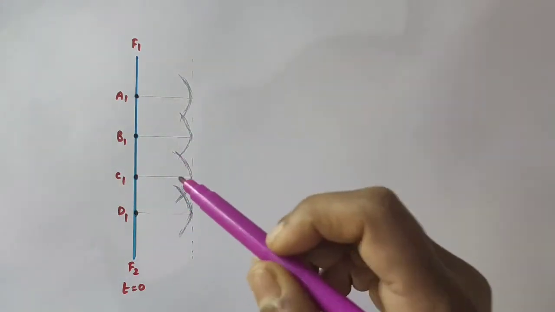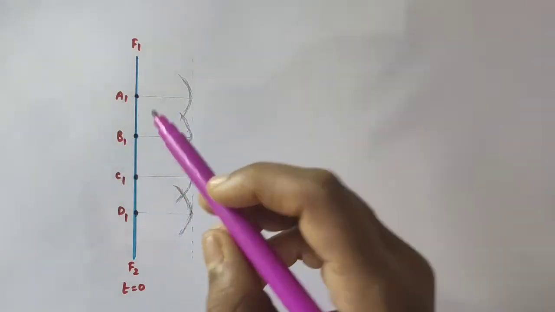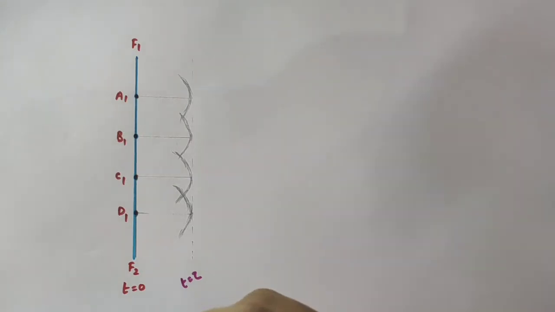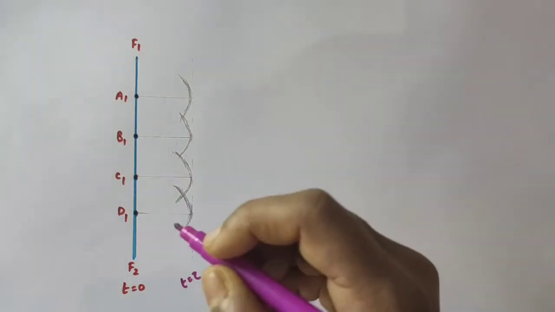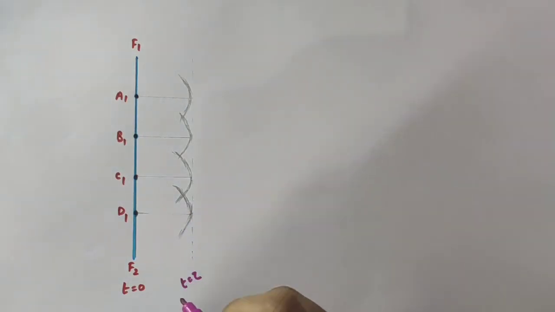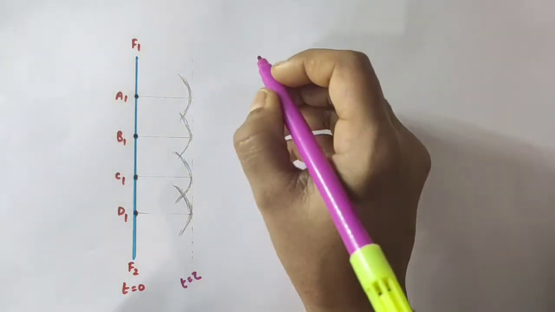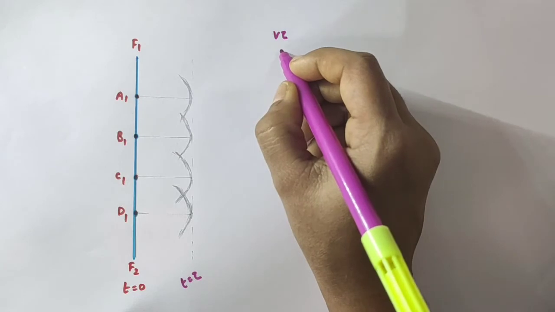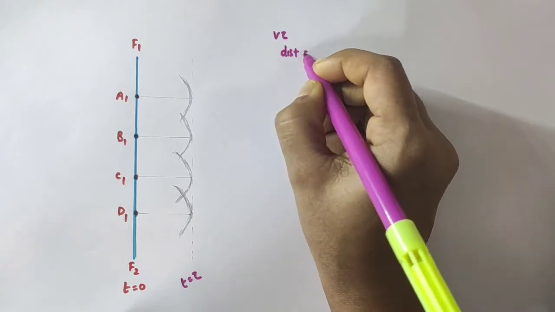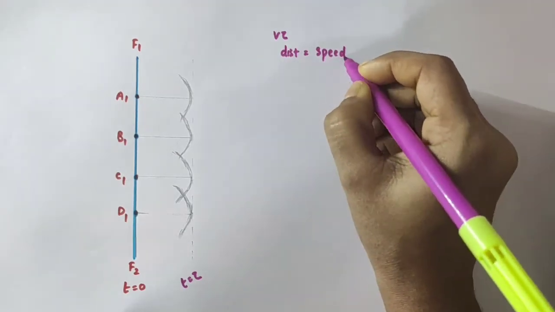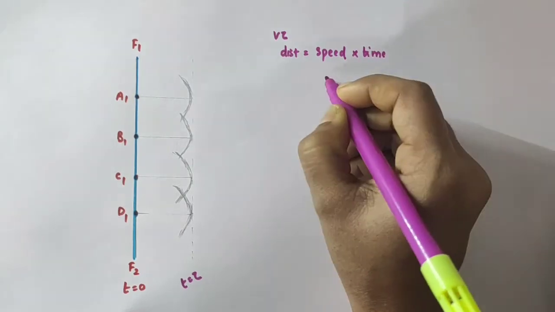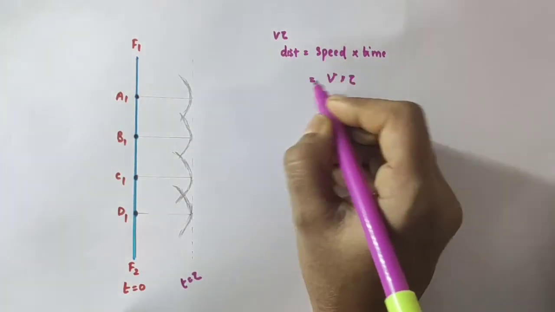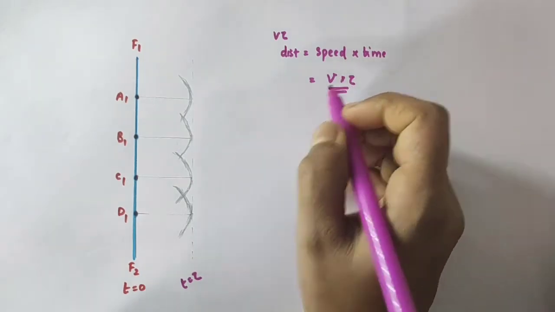If you want to determine the shape of the wavefront at a later time, say t equal to tau, we just want to draw spheres of radius v tau, because the distance traveled is speed into time. The speed of that wavelet is v and the time is tau, so the distance traveled is v tau.